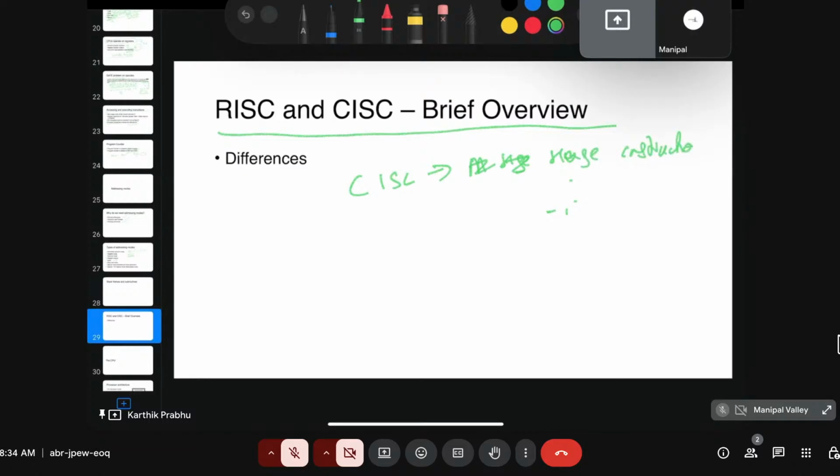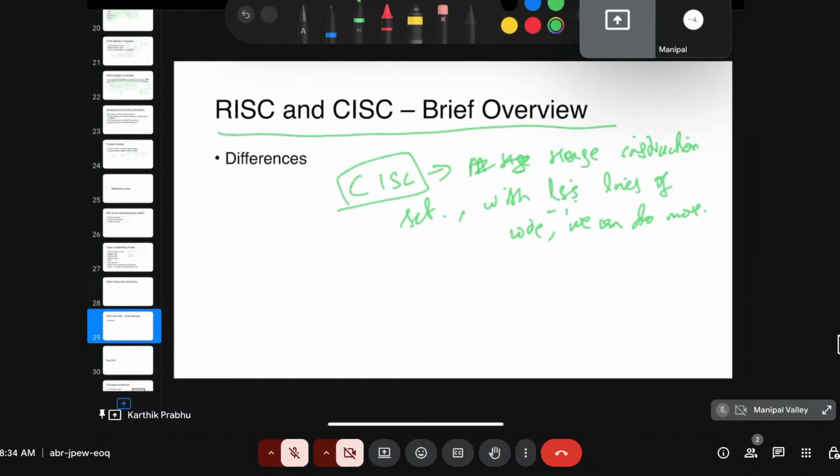So, how does that help? A huge instruction set helps that with fewer lines of code, we can do more. It kind of becomes a mini programming language.